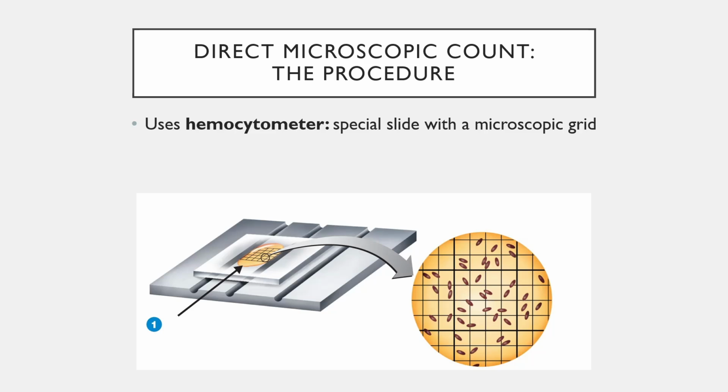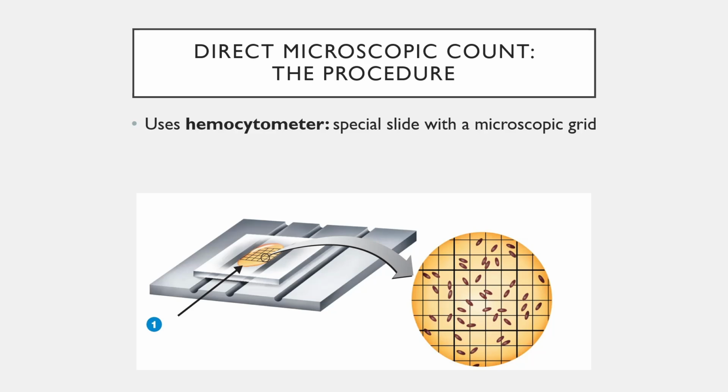It uses a microscope in order to look directly at bacteria and determine how many are present in a certain volume of culture. This technique relies upon a special slide called the hemocytometer, which has a microscopic grid that you can use under the microscope to help you distinguish between different bacterial cells and count, for example, how many bacteria are in one quadrant before moving on to another.